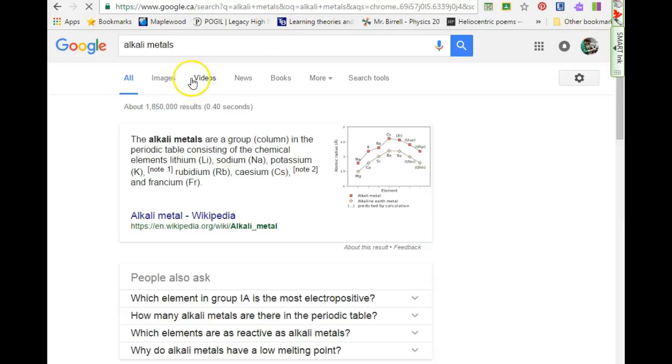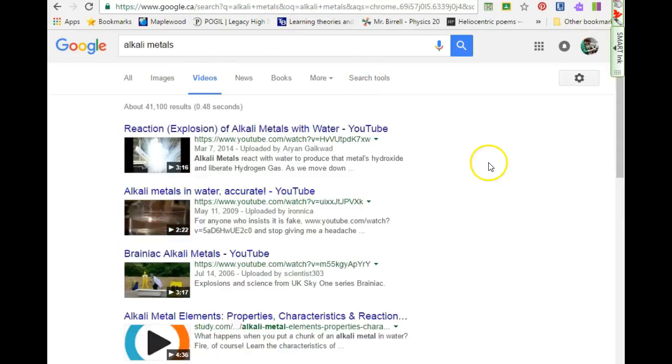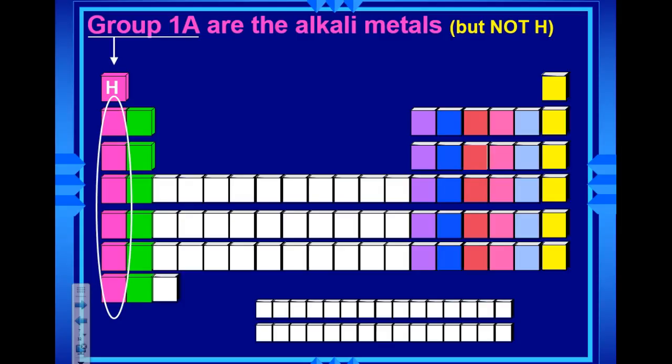They explode in water. One property of alkali metals is that they are extremely reactive with water. The reaction with water produces hydrogen gas. If there is a spark or anything, the hydrogen gas will ignite and go boom.